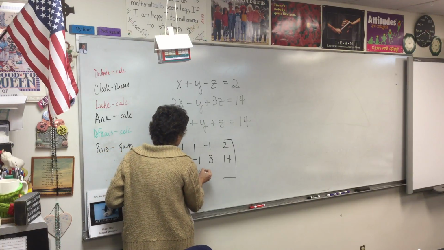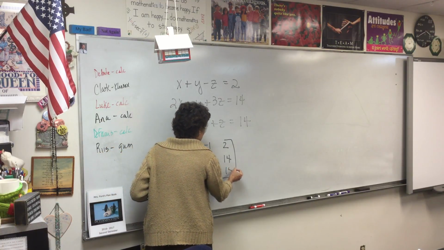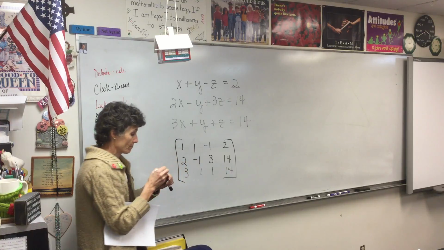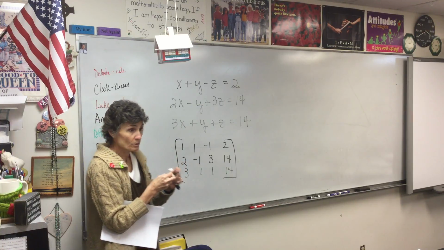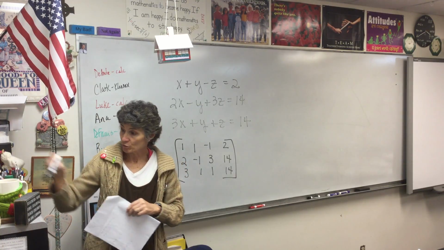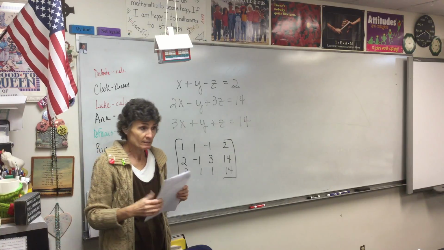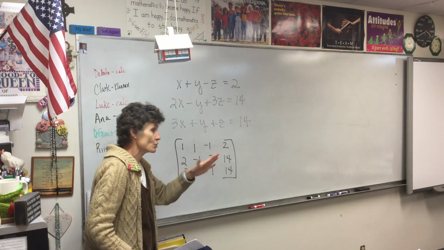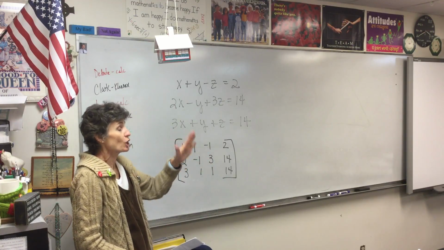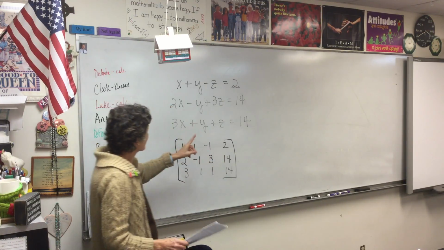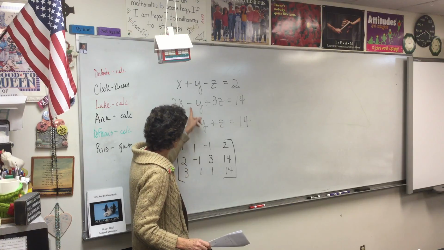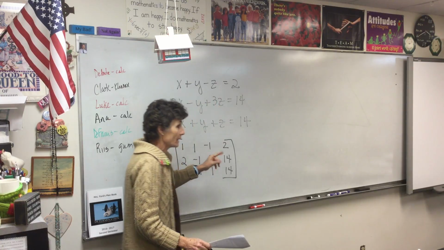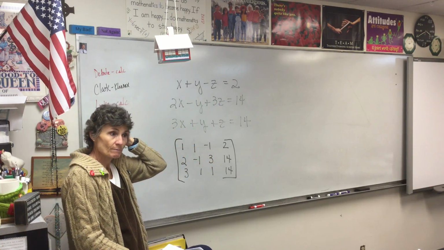And then 3, 1, 1, 14. So far it's super simple, right? We're just writing down a matrix with all of the numbers, no letters, no equals, no pluses, just the numbers. Now, if they're negative, you got to put the negative in. Okay? But otherwise, it's just the numbers.